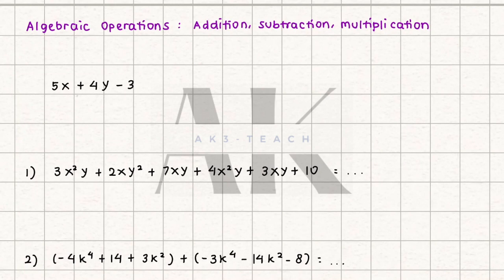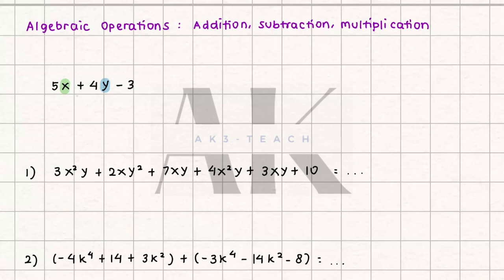So what we have in the first part here, the 5x plus 4y minus 3, is a common algebraic statement. When we see letters like x and y, we refer to them as variables. If you have different letters, it means they're different variables, meaning that you cannot group them together.